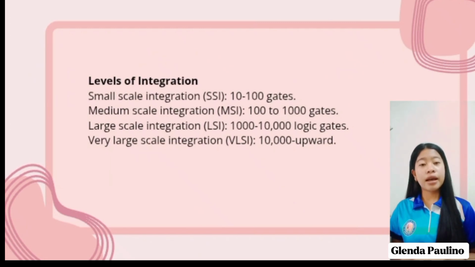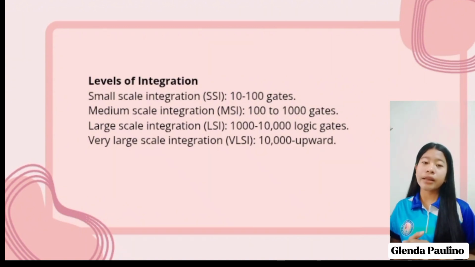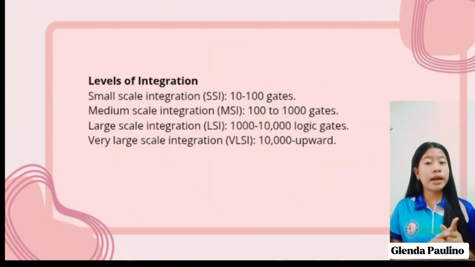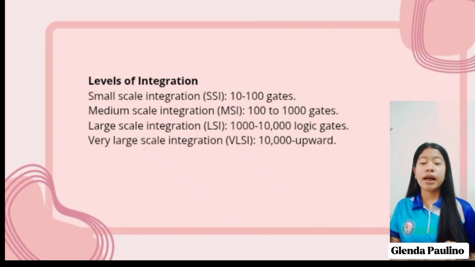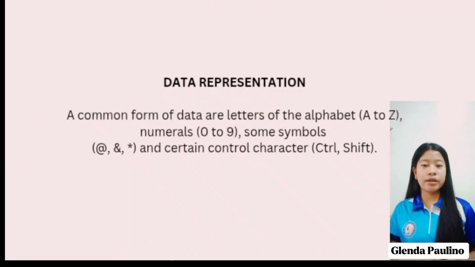So we have 10 to 100 gates. Next is the medium scale integration. We have 100 to 1000 gates. Next is the large scale integration. We have 1000 to 10,000 logic gates. And lastly, the very large scale integration, we have 10,000 upward.